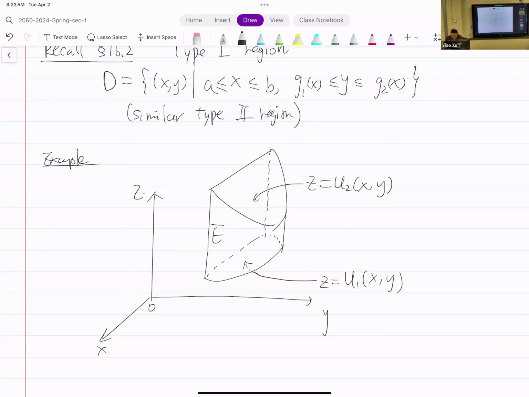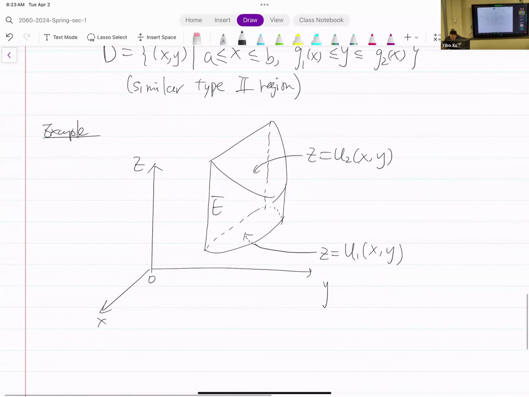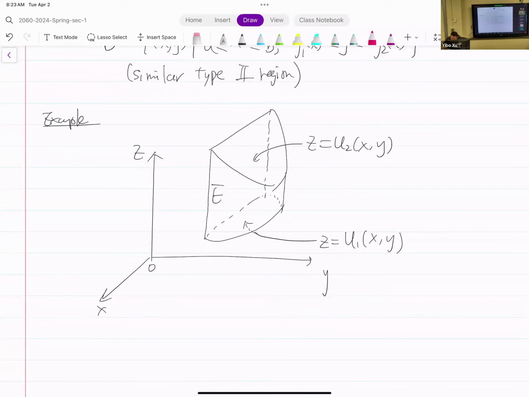Okay, so that's the ceiling and the bottom. But then we still want to define everything in terms of x and y. So here is what we do. Since I mentioned that the surrounding surface is actually cylindrical, right? You can imagine that you extend the directions, you will essentially hit the xy plane, and it will define a region.